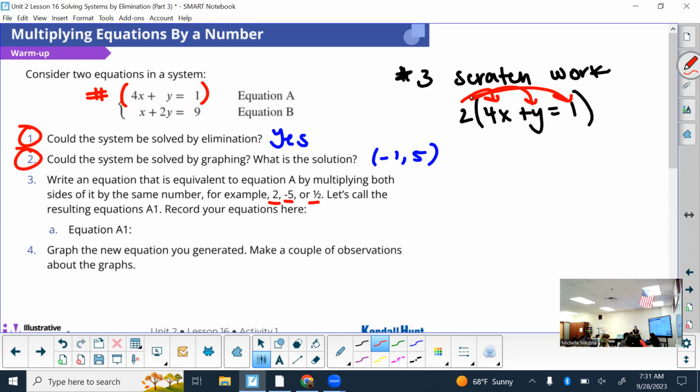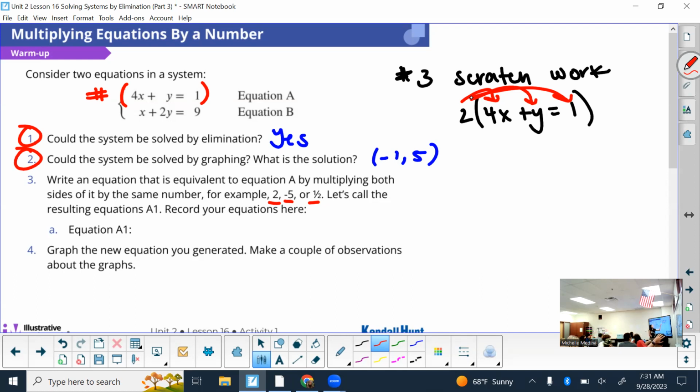So my question is, what property of equality is it when I multiply on both sides of the equal sign? Multiplication property of equality, right? When you would divide on each side, that's a division property of equality. When I multiply on each side, that's a multiplication property of equality.